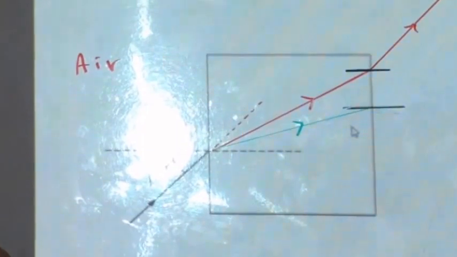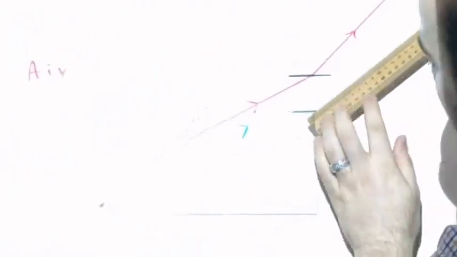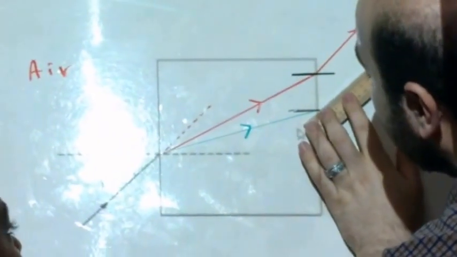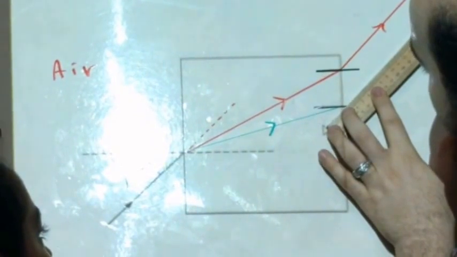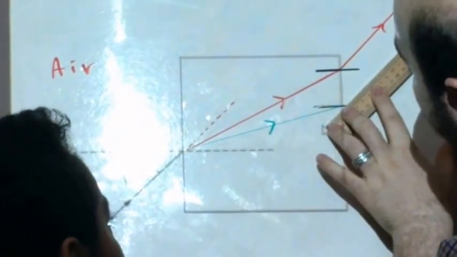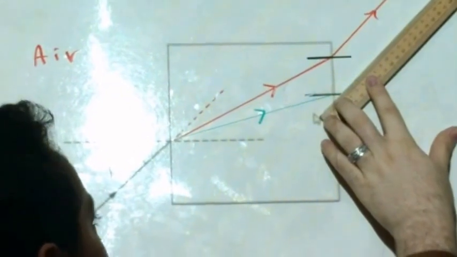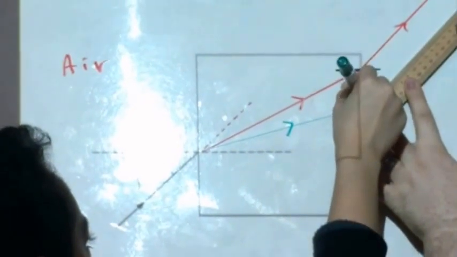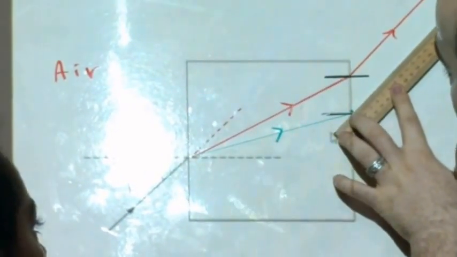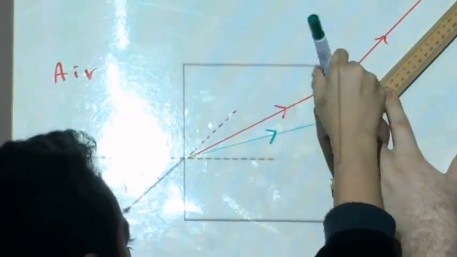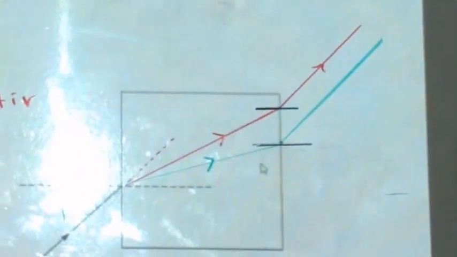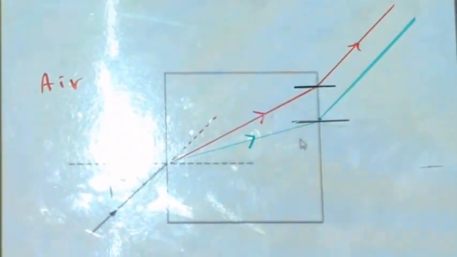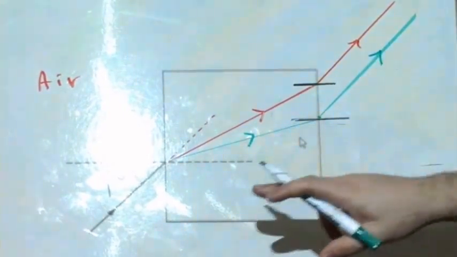Again, we will draw the emergent ray with the green color, which is parallel. Draw a point, a point like this. Now we draw the emergent ray, which is parallel to the incident ray.